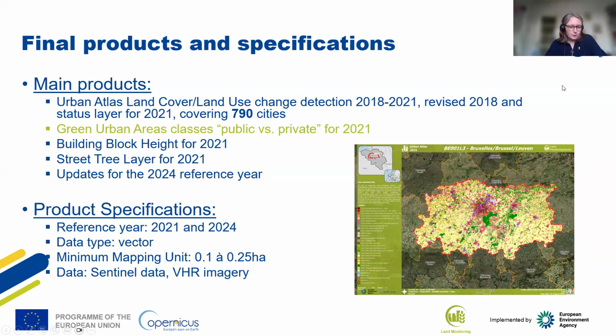So we have these green urban areas classes that are new, and they are included in this land cover land use project. And we also have the building block height, the street tree layer, and all these projects will also be updated for 2024 quite quickly.